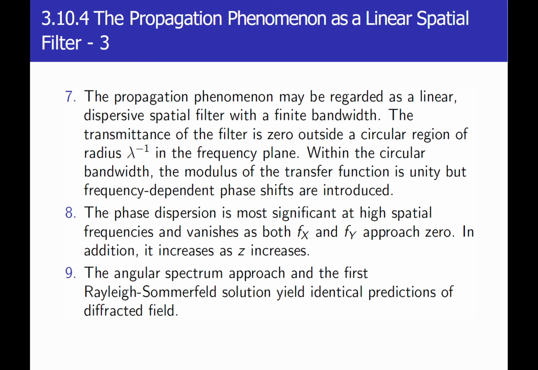The transmittance of the filter is 0 outside the circular region of radius lambda inverse in the frequency plane. And within the circular bandwidth, the modulus of the transfer function is unity, but frequency-dependent phase shifts are introduced. The angular spectrum approach and the first Rayleigh-Sommerfeld solution yield identical predictions of the diffracted field. So basically, they are mathematically identical, but we have a different viewpoint.